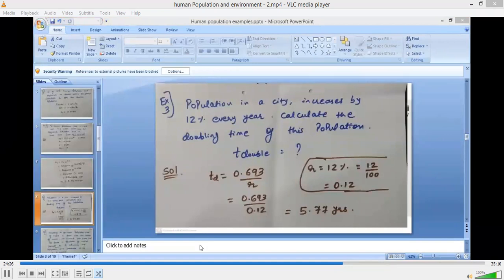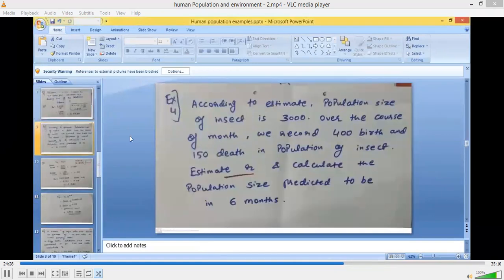Okay, moving further. According to estimate, population size of insect is 3000 over the course of the month. In the duration of 1 month, we record 400 births and 150 deaths in the population of the insect.